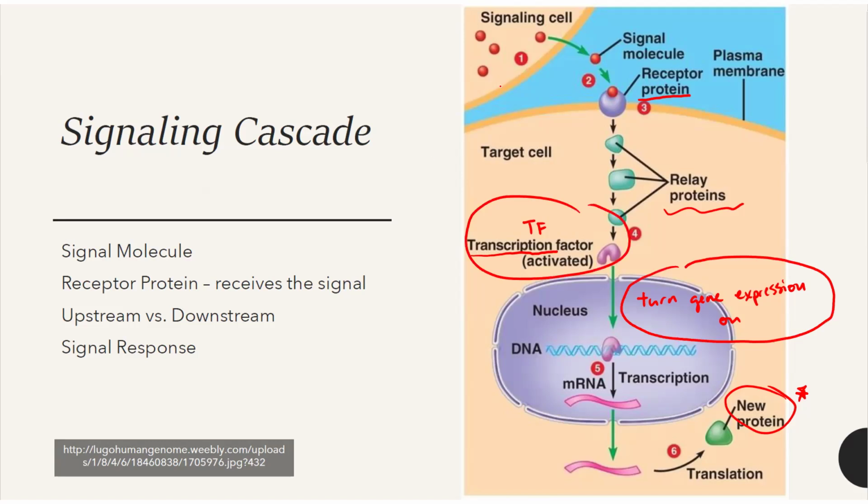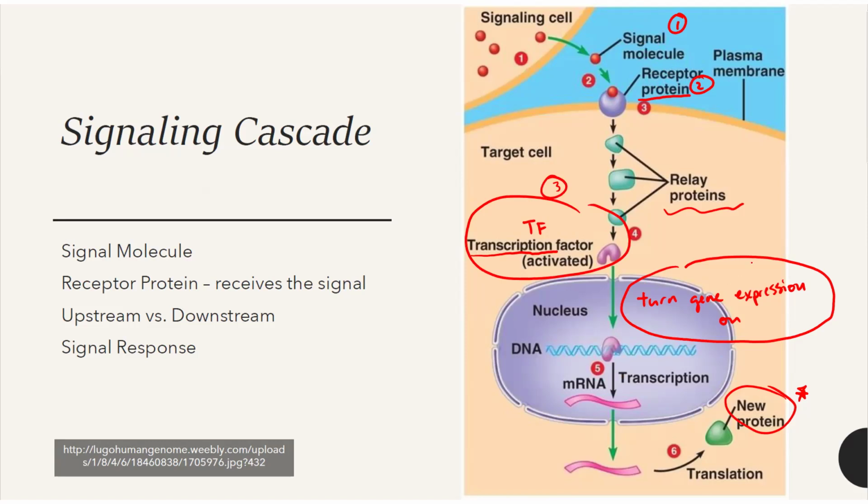So effectively on this slide, there are 5 different things. One, you've got to know what a signaling molecule is. Two, you've got to know what a receptor protein is. These two things interact with one another. Three, you've got to know what a transcription factor is. That's the thing that turns on gene expression.